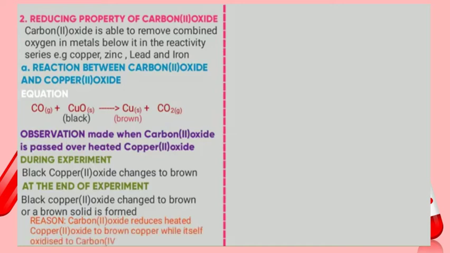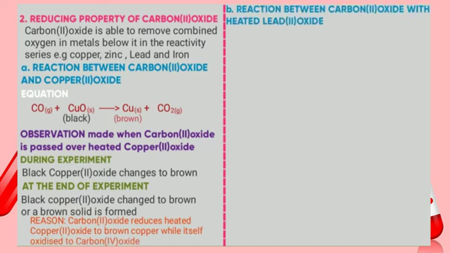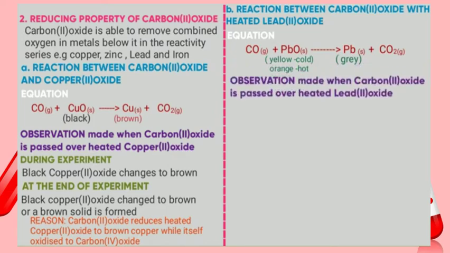B. Reaction with heated lead 2 oxide. Chemical equation is CO carbon 2 oxide plus lead 2 oxide solid arrow lead solid plus CO2 gas. Now, observation made when carbon 2 oxide is passed over heated lead 2 oxide: during the experiment, we say yellow lead 2 oxide changes to gray.